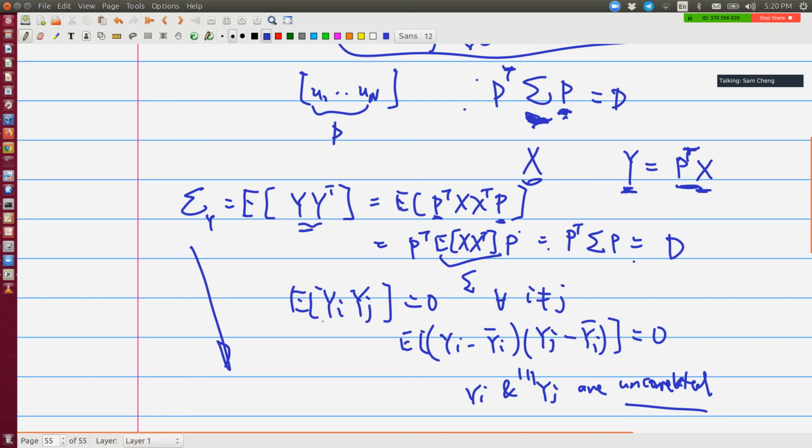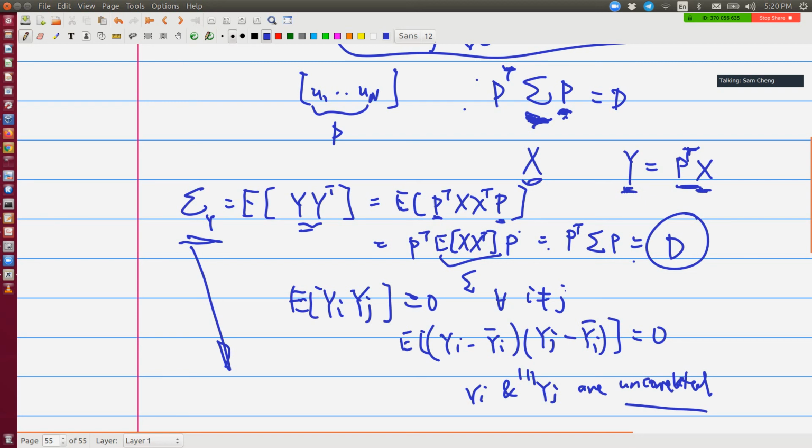Because from here I have the covariance of y is equal to a diagonal matrix, meaning that all the off-diagonal terms will be equal to 0, right? So that means I have expectation of yi yj equal to 0 for any i not equal to j.